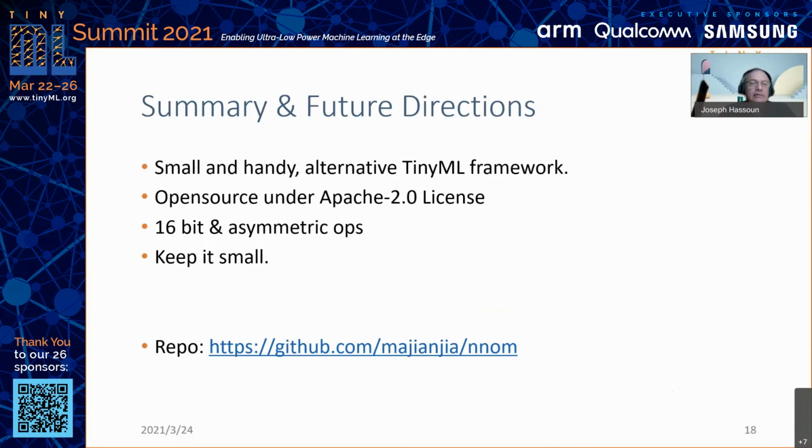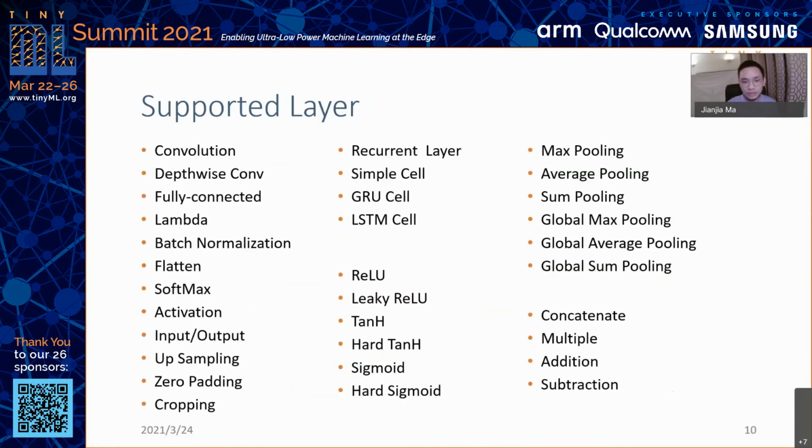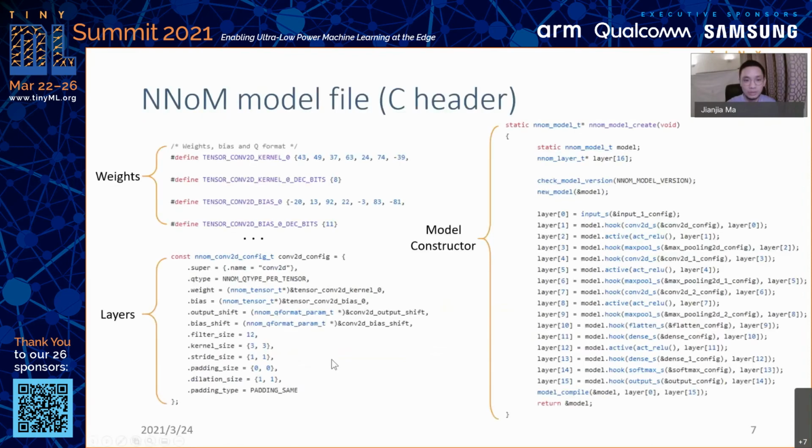It really depends on how we develop the converter. One of the advantages of NNoM is that it uses a very obvious way to represent its model. Once you have the converter, you quantize the weights and output the configuration of the layers.